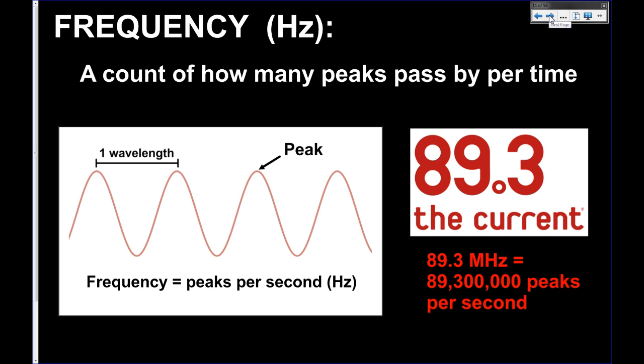In the particular example of a radio station, they own that frequency, so they are the only ones allowed to broadcast on that frequency. They have a super fancy, super precise transmitter that will transmit only on that frequency, and the radio waves that they transmit will always be at that frequency.